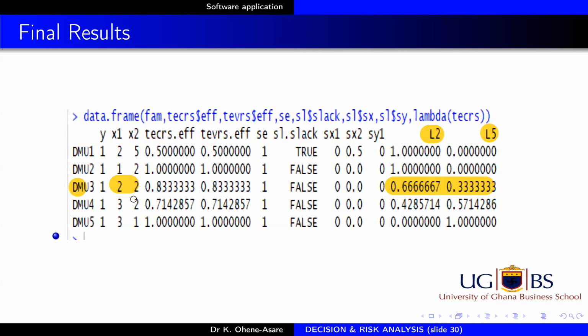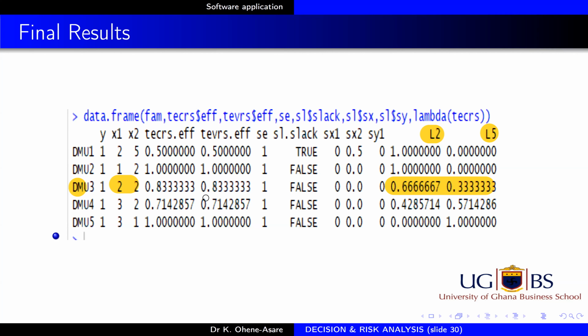So what should the input be? That's a question. Now, if you know that this is an input orientation, we have to reduce the input. Reduce the input from where to where? Well, we know from 2, but we don't know to where. So we need to reduce the input X1 from 2, and we need to reduce the input X2 from 2.